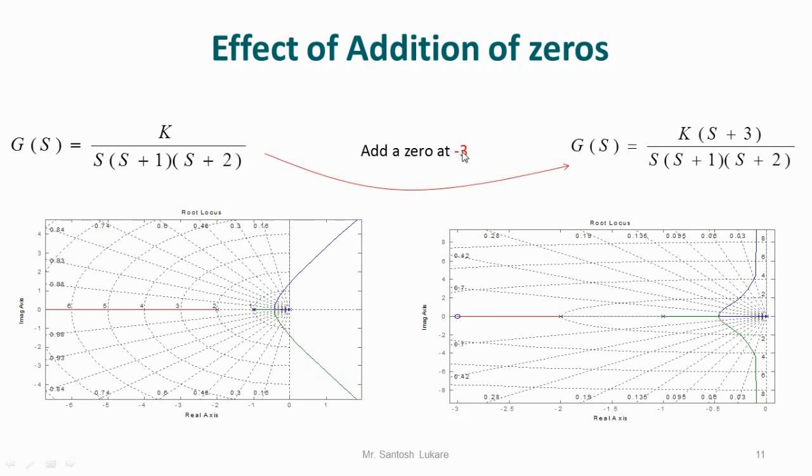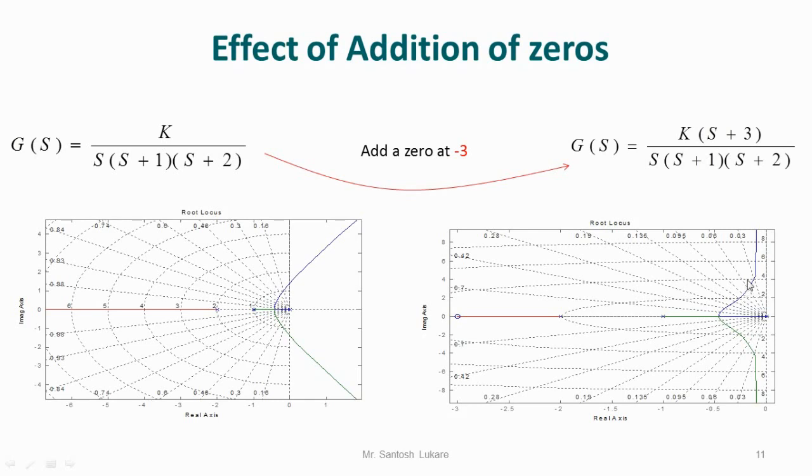But if I add the zero at -3, the modified system becomes G of s equal to k into s plus 3 upon s into s plus 1 into s plus 2. And if you observe the root locus now, again it has 3 branches, but the root locus is pulled towards the left hand side. It is passing towards infinity but parallel to the imaginary axis, and there is no crossover about the imaginary axis.